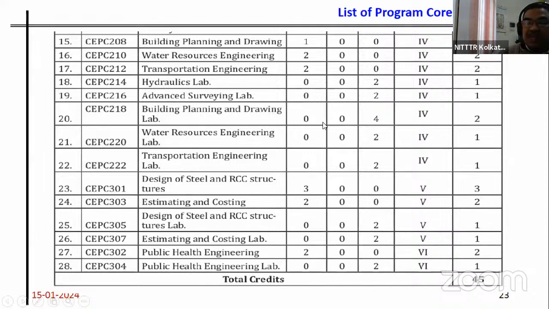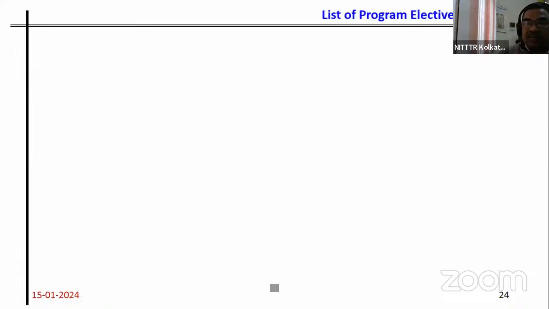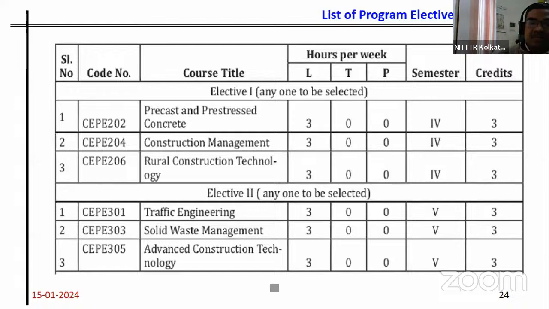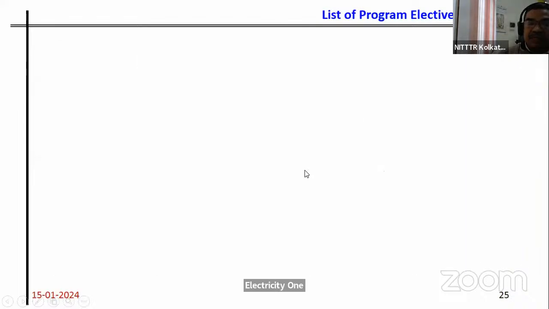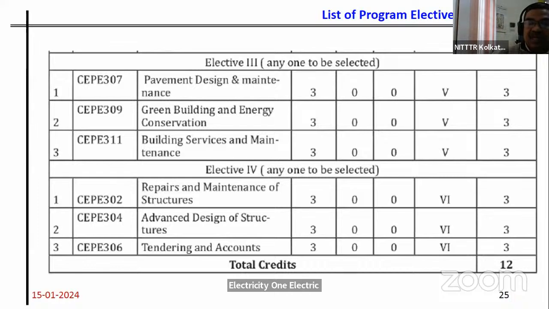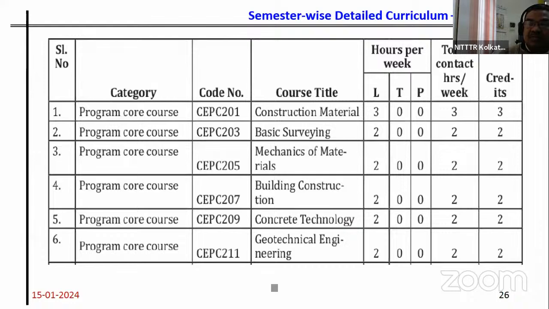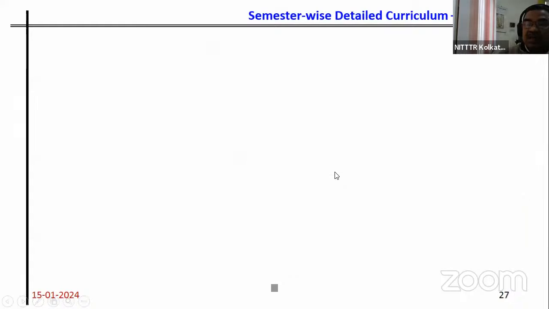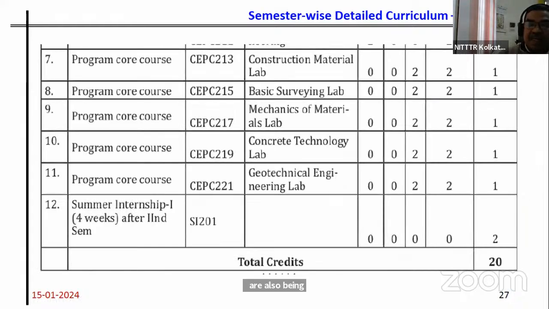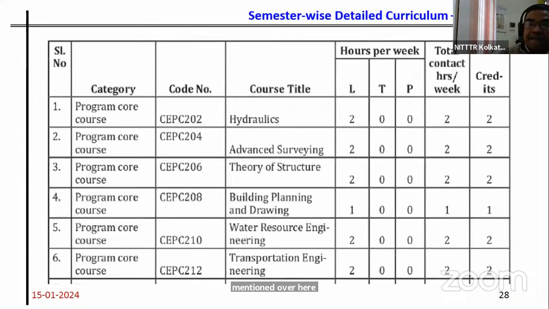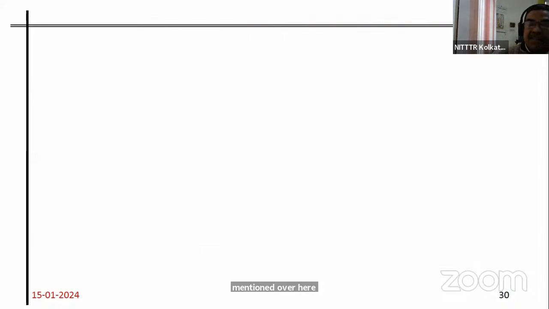These are the program core subjects, elective 1, elective 2, elective 3 and elective 4, and their credits are also mentioned here. This is the example of civil engineering.